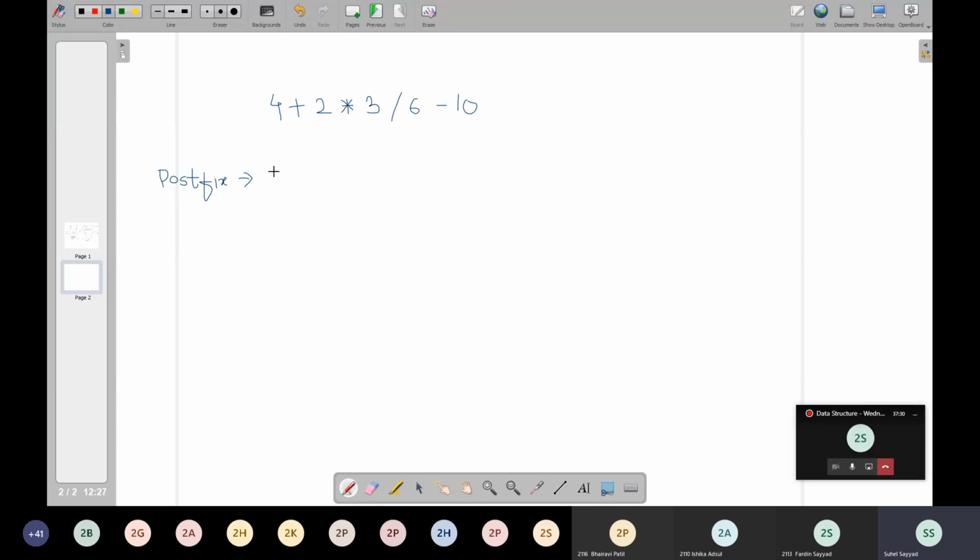Has anyone completed postfix? Am I audible, students? Yes, sir. So first write the postfix expression for this expression.